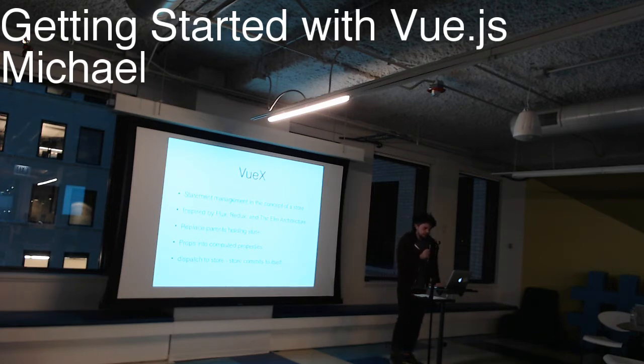And the way that Vuex solved this is that, instead of emitting events, essentially what a component will do is dispatch to the store. So they'll just call this method and say, hey, store, I have this new information for you. And the store will get that data and it'll say, okay, great, I'm going to take this data and I'm going to commit to myself.